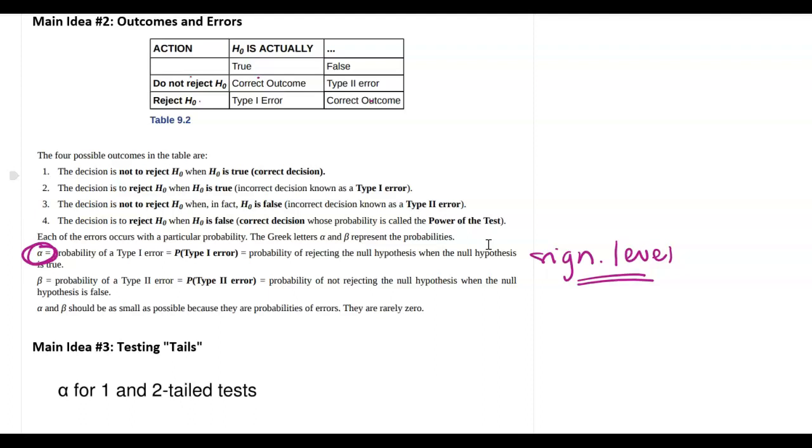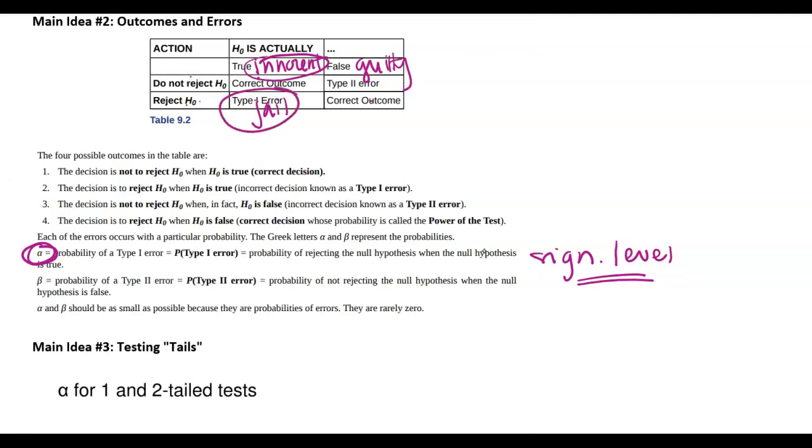Another way that I like to think about this is we assume innocence until proven guilty. And so if you reject H0 when it is true, you're going to send an innocent person to jail. And that would be a type 1 error.